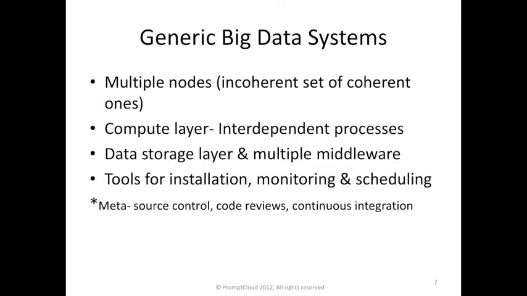And then the compute layer, where the actual processing logic lies, you will have multiple processes, quite often interdependent upon each other. What it means is probably the output of one is processed by some other process. So they have to communicate somehow, and more often than not, they'll be on different servers or different nodes.